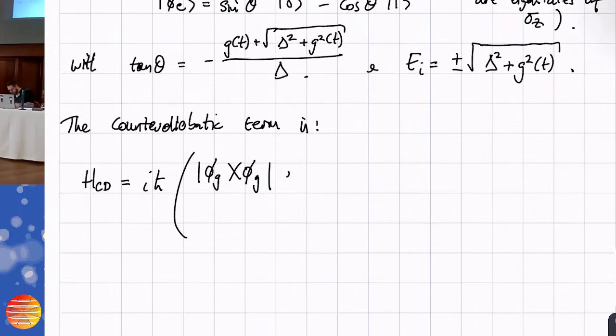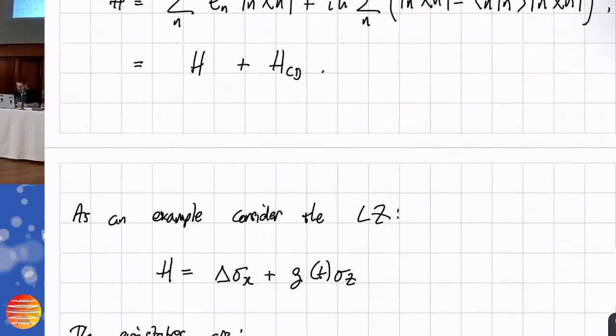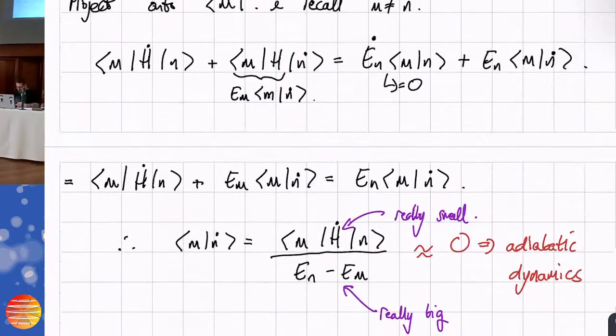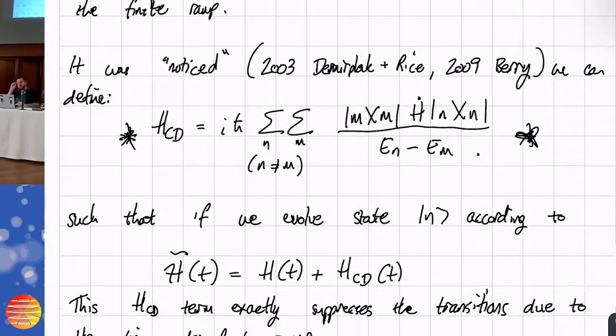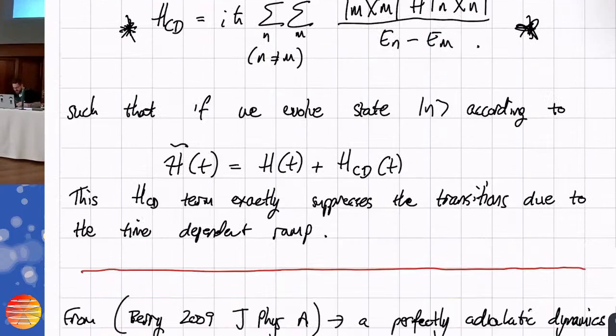So I get g dot sigma z here. And remember the counter-diabatic term, if we scan back up to where I wrote it down, applies whenever n is not equal to m. Because I'm dealing with a two-level system, I really only have the instances with the ground state, the time derivative of the Hamiltonian, and the excited state, and then the reverse of that. That's what the whole sum is going to be, so it's a very simple thing to work out.